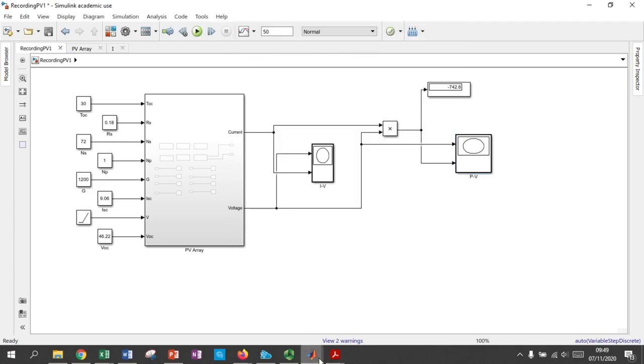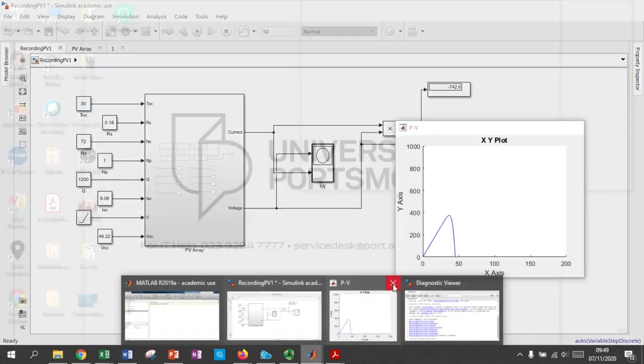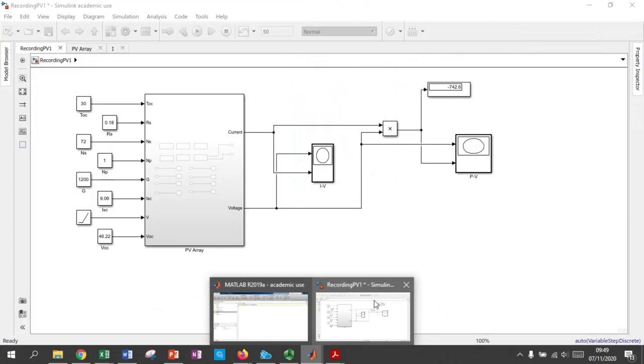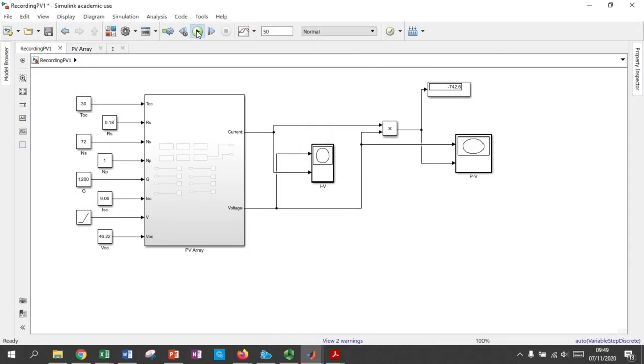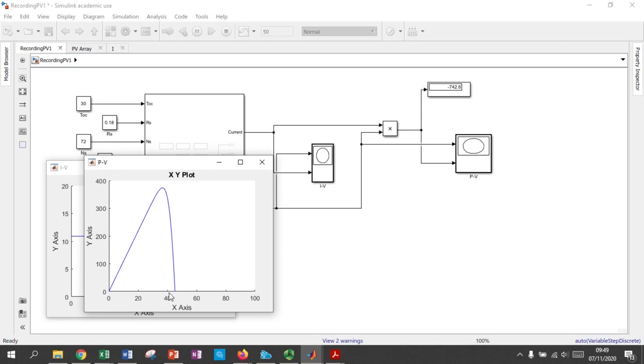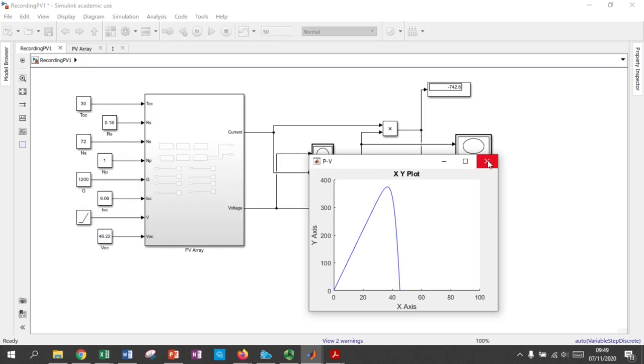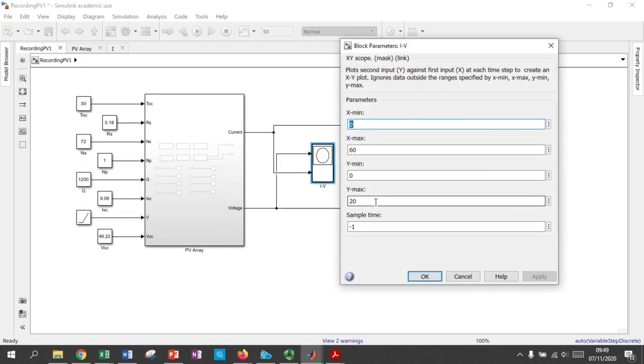We'll run it to find out what will happen. Now I will close the dialog. Okay, let's go. It seems that we still need to change the plot. This is 50 and 100. We can change it again in the I versus the voltage.